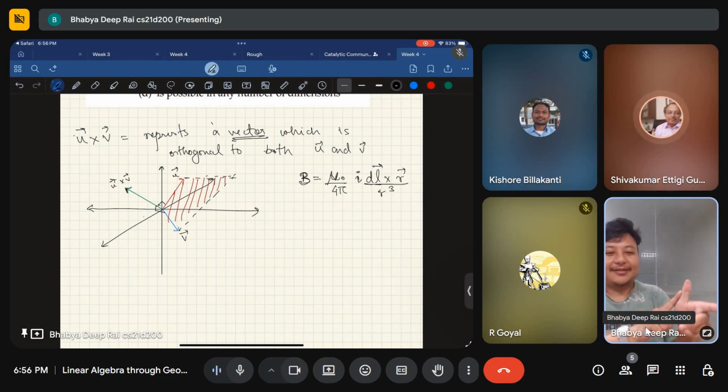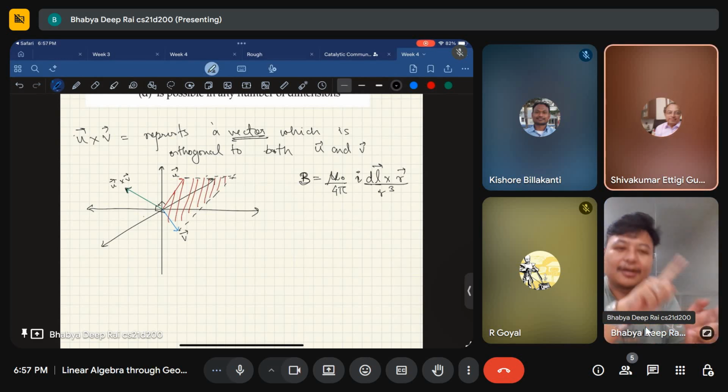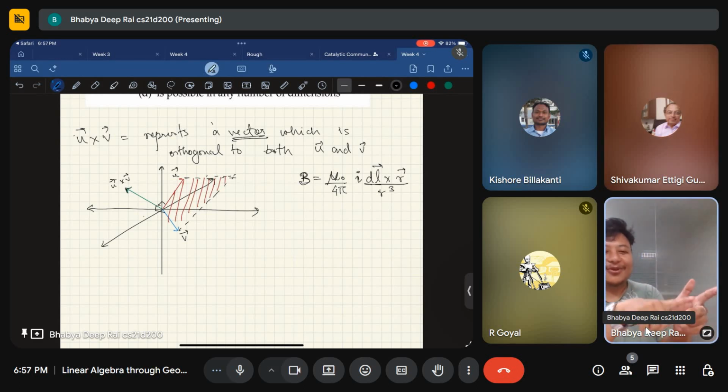I forgot which order the index finger and the middle finger were. Index is always the field, middle finger is always the current, and this will be the force, right?